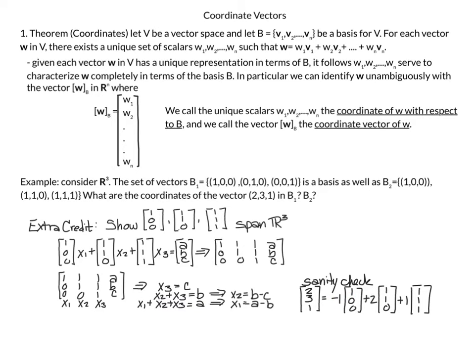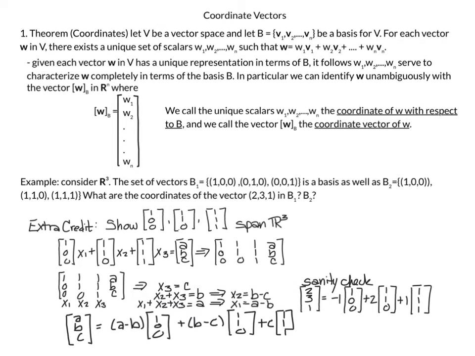My second coordinate, x2, is equal to b minus c, which would give me 2 times my second basis vector. And finally, my x3 is equal to c, so I put in 1 times my (1, 1, 1). And this checks out. So this gives me a good feeling for this solution.